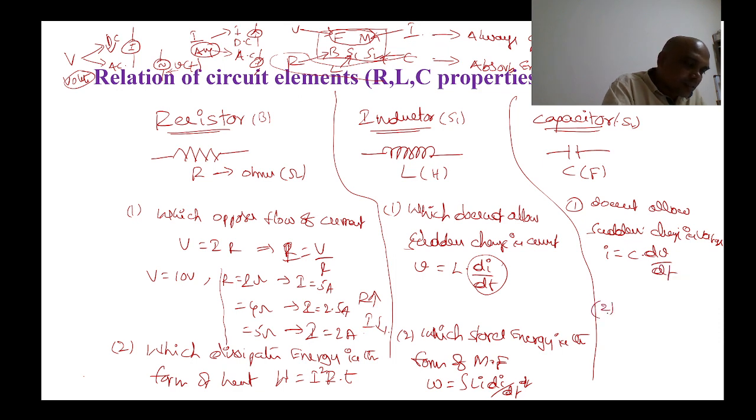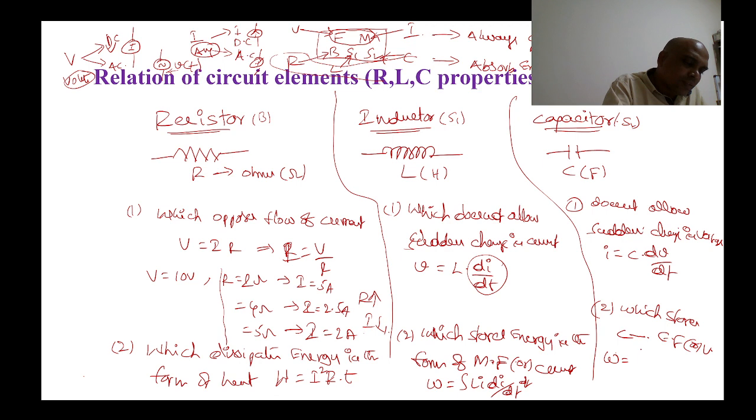Next, it stores energy in the form of electric field or voltage. The inductor stores energy in the form of magnetic field or current. Anyway, inductor and capacitor are both sisters, always storing the money, saving the money in different ways. Here also they store energy in different ways: magnetic field and electric field.